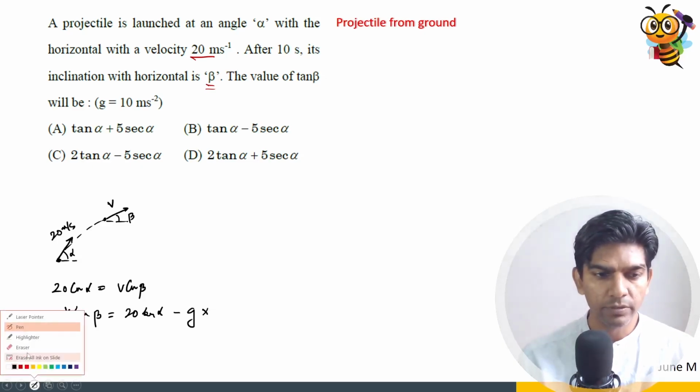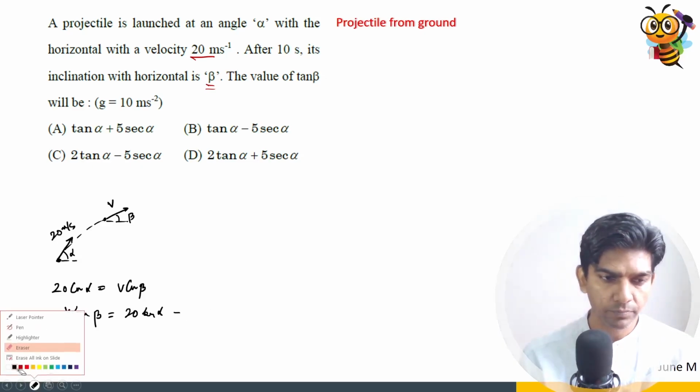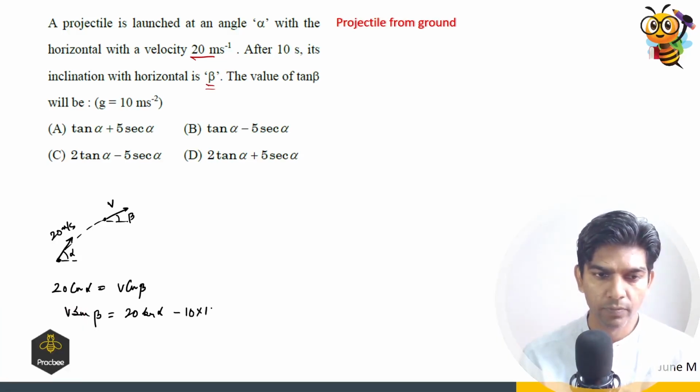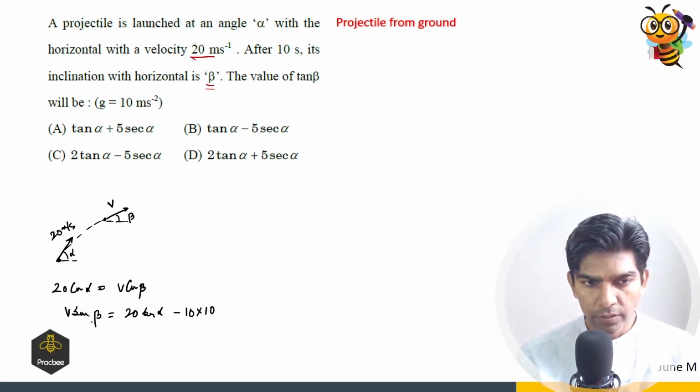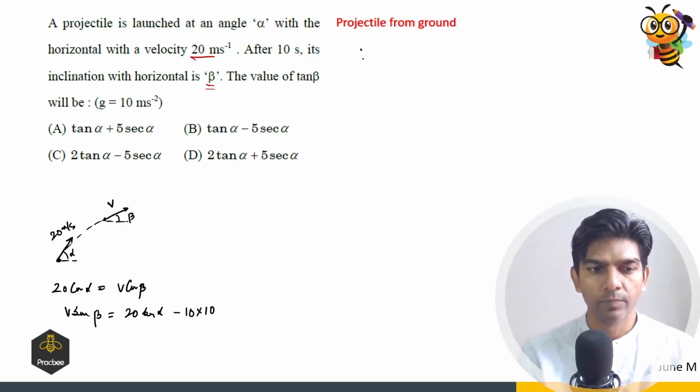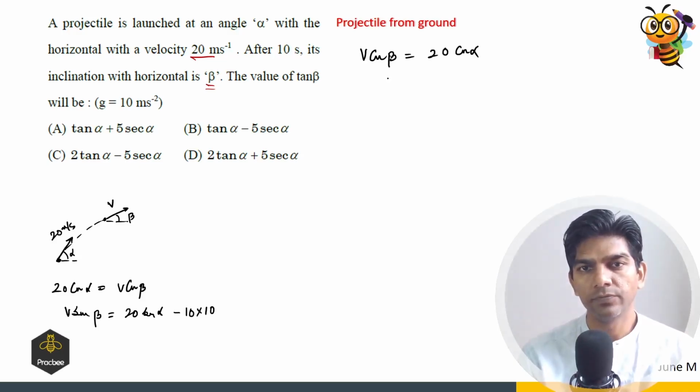So this will become 100, right? 10 times 10. So v cos beta is 20 cos alpha, and v sin beta is 20 sin alpha minus 100.